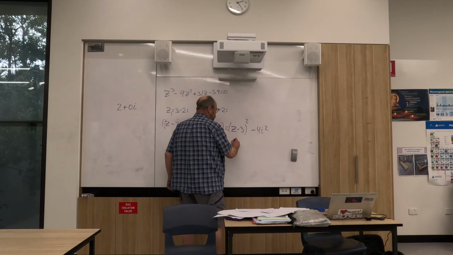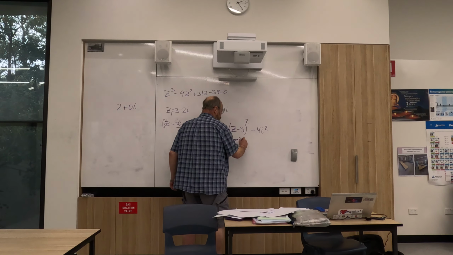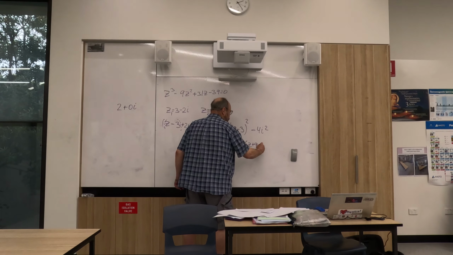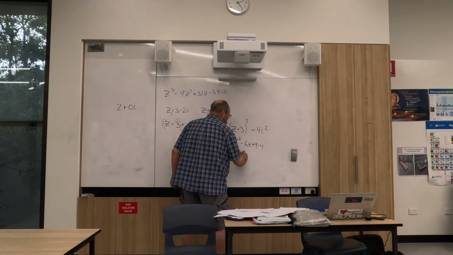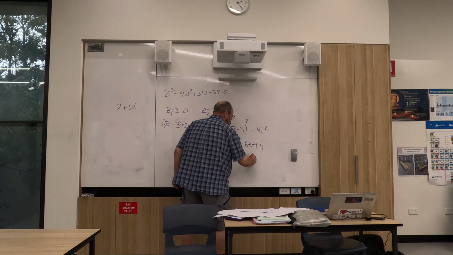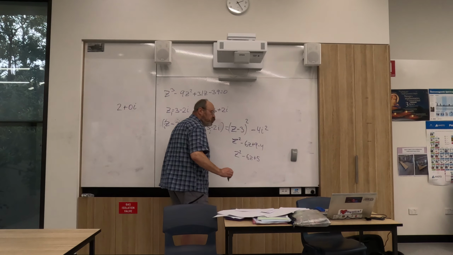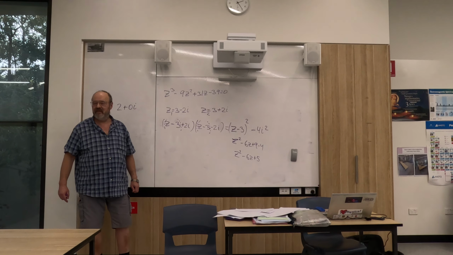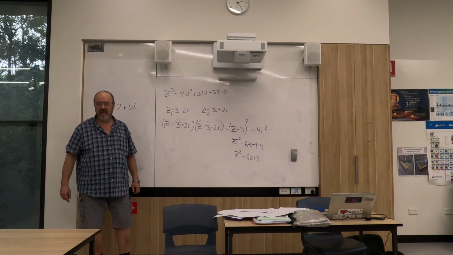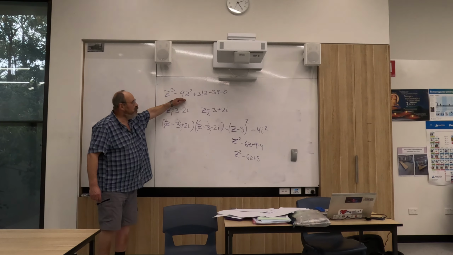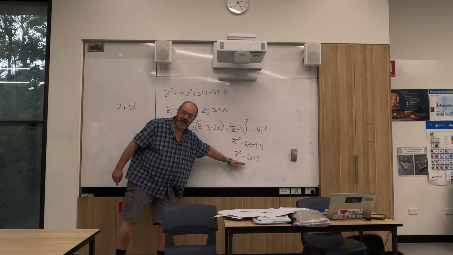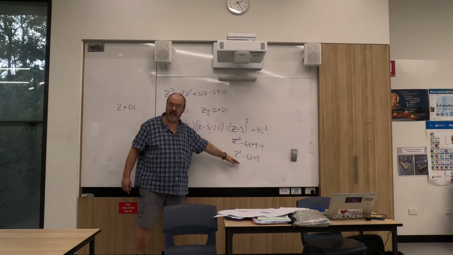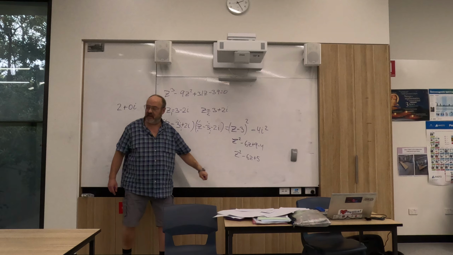And we expand this, we get z squared minus 6z plus 9 plus 4, so z squared minus 6z plus 13. What should be the next step to find the last solution? We divide the cubic by this quadratic.